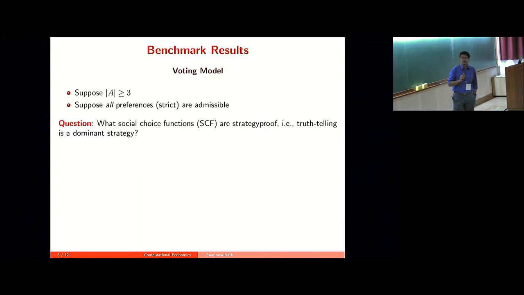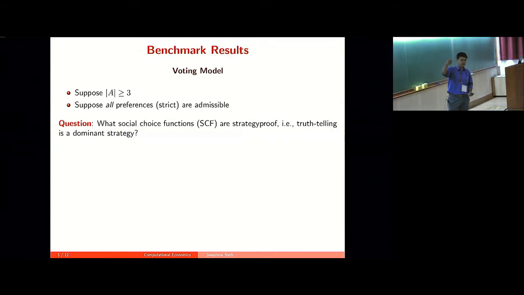The question that we are going to ask in this voting model is, what kind of social choice functions, so a social choice function is a function which takes as input the preferences of all the people sitting in this room and selects one alternative, one candidate, let's say. Which of those functions are strategy proof, which means that none of us can change our preference and be better off.